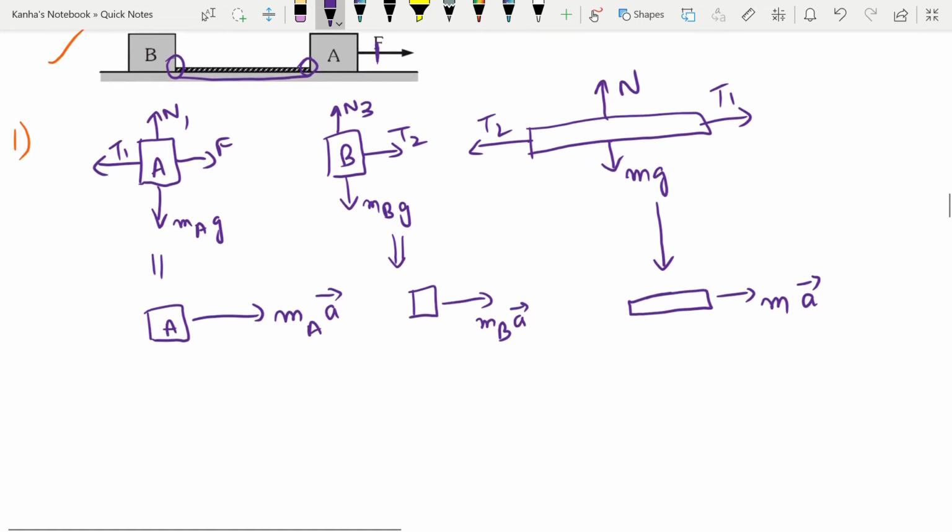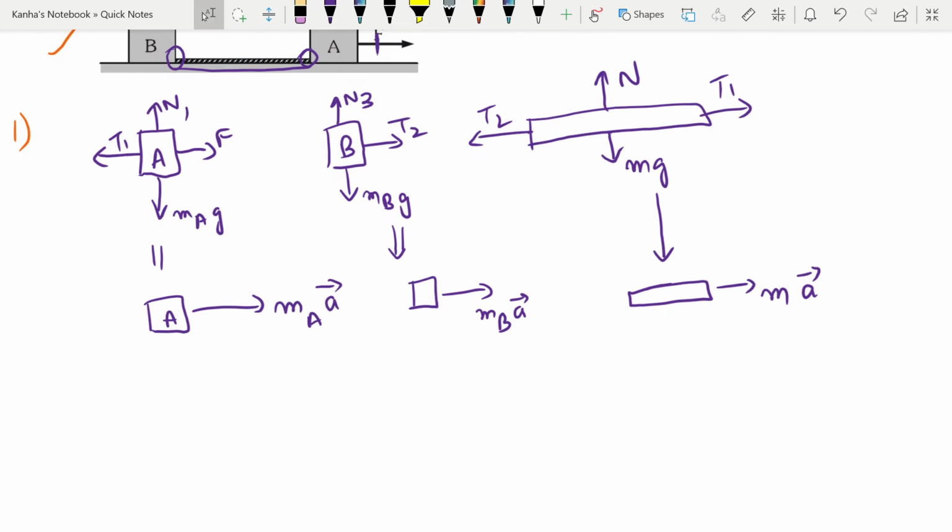Okay, I can write the equations down for you, but I think it is better that they are left for exercises. So I'll write one for one of the cases. For the case of block A, I have to use summation of Fi is equal to mass into ai.